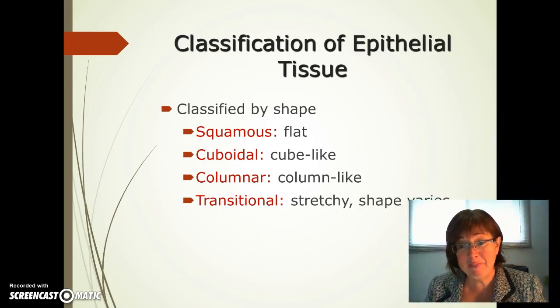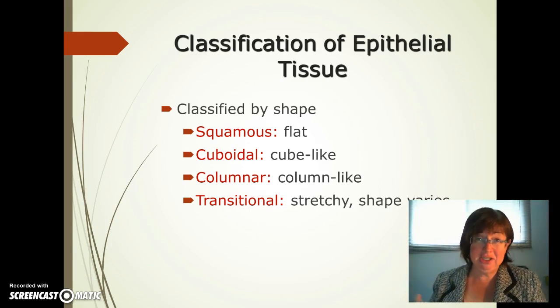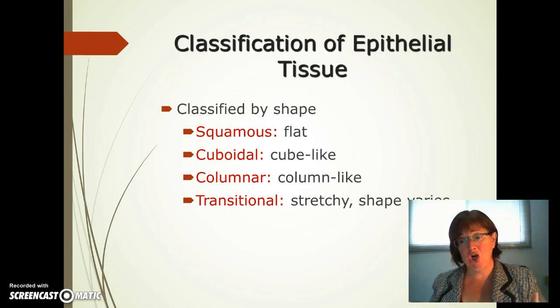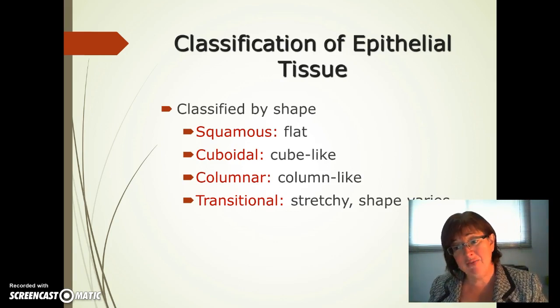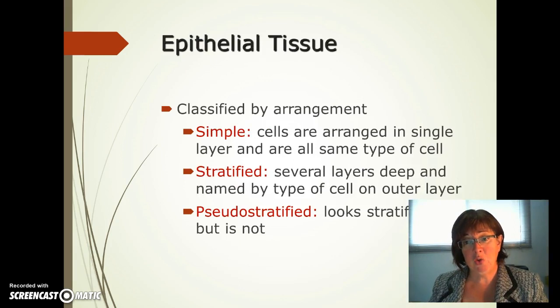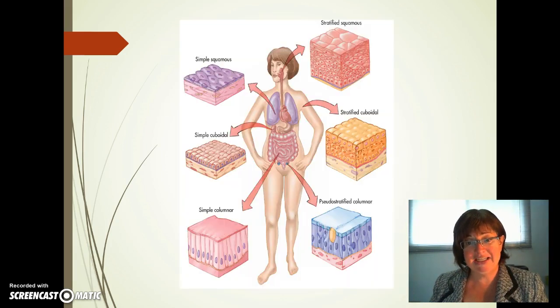The first one is based on its shape. Squamous is flat. Now remember that squash and squamous kind of sound the same. Cuboidal is cube-like. Columnar is a long, tall column. And transitional is stretchy, and it will vary with shape. So when you look at the diagram, these ones up here are squished.